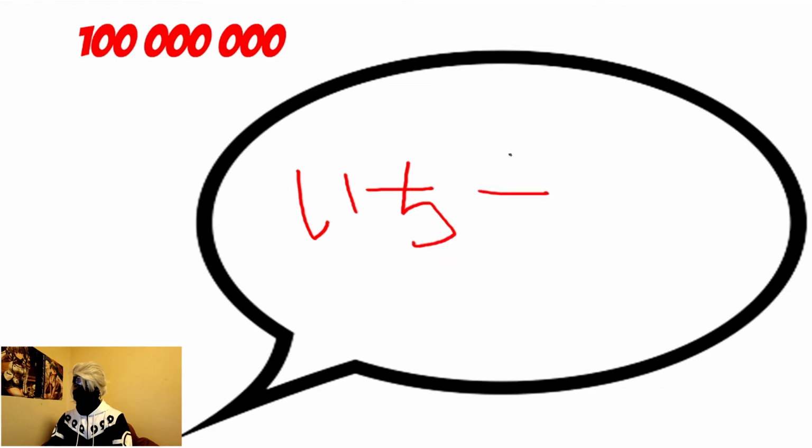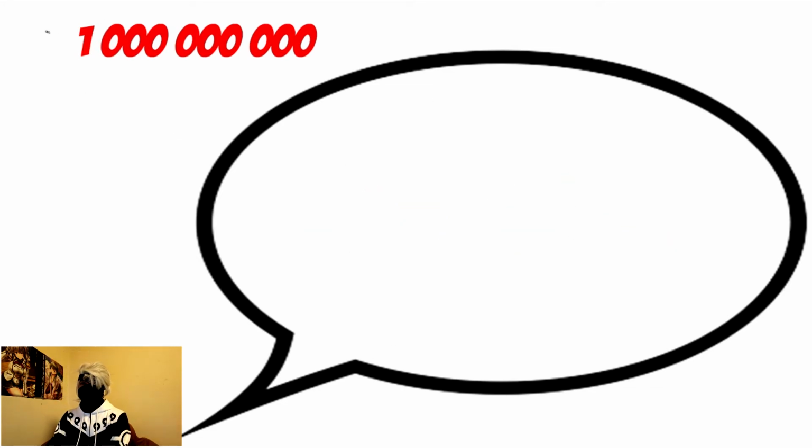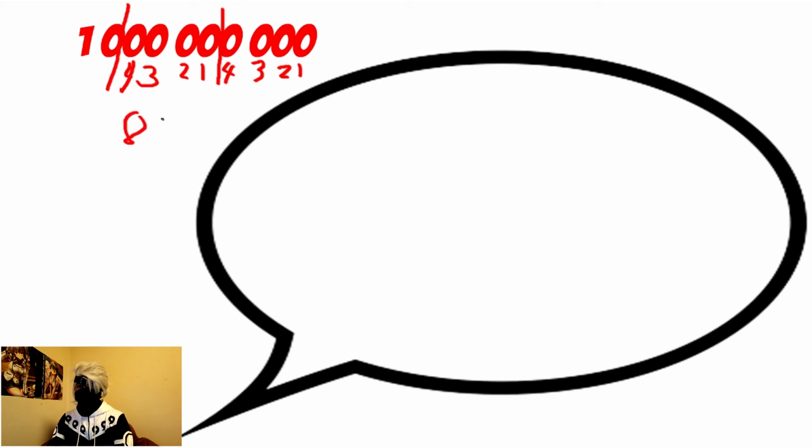The fixed word for this is ichi oku. Ichi oku. That's 100 million. Okay, so you just have to read 4 zeros. That's 1, 2, 3, 4. Okay, 1, 2, 3, 4. That's 8 zeros.